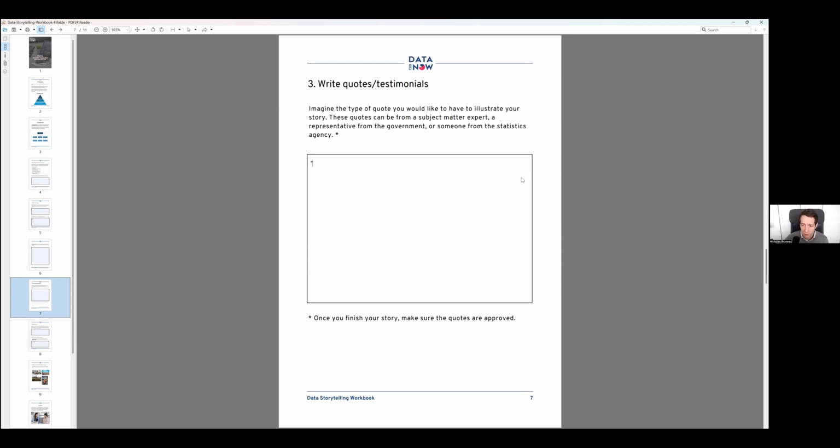What this does is allow you to get some comments on the story without having to do a full interview, for example. It allows you to get comments that are aligned with the story, just to get that conversation started.